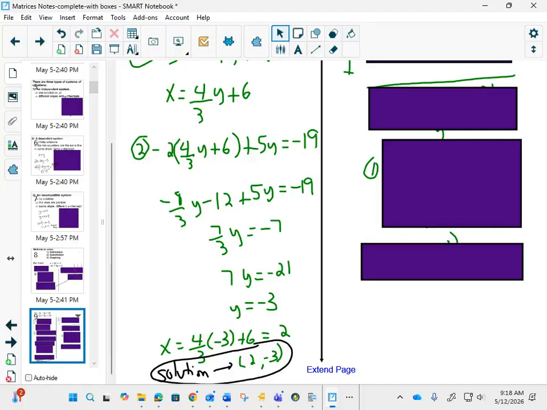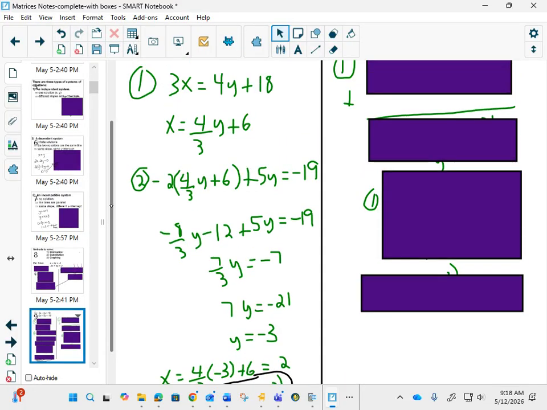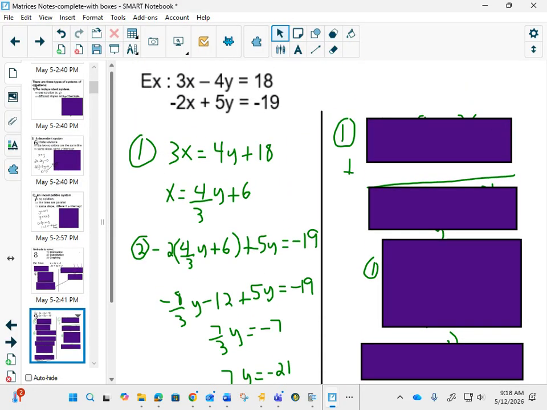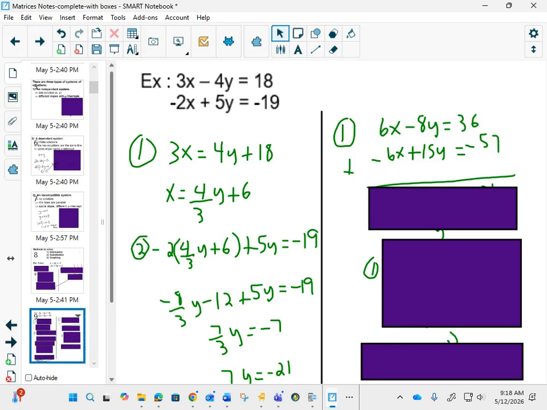Because for me personally, in this one I would have looked at this and said there is no variable that's easy to get by itself in either equation. No matter which variable I get by itself, I know that I'm going to have at least one fraction, maybe more. In this situation, I would probably lean towards the elimination technique.